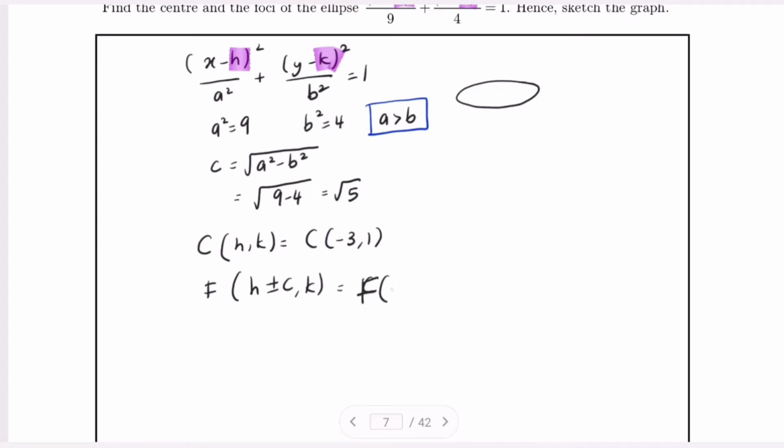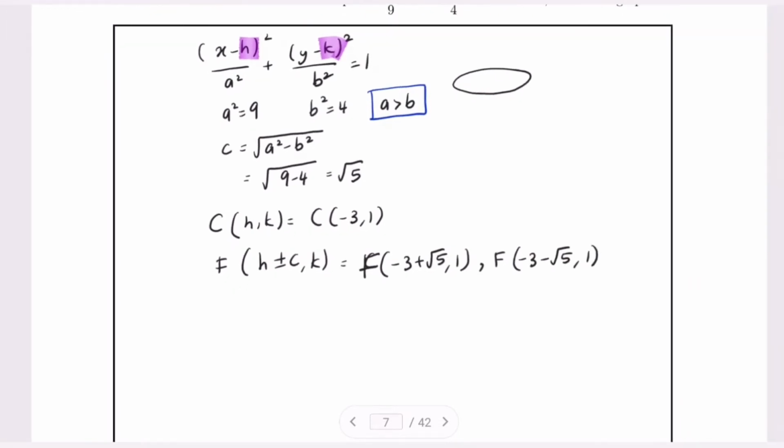So it's going to be (-3 plus root 5, 1) and (-3 minus root 5, 1). You can leave your answer in root form. You don't have to change it to decimal. For the vertices, the formula will be (H plus minus A, K). So the first major vertex is (-6, 1), and the second one is (0, 1).